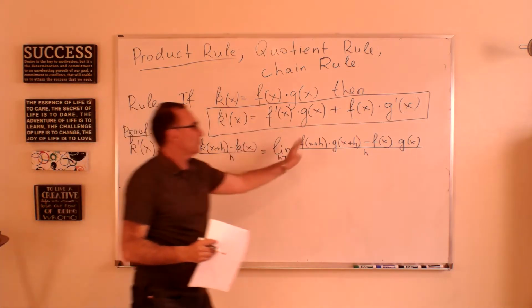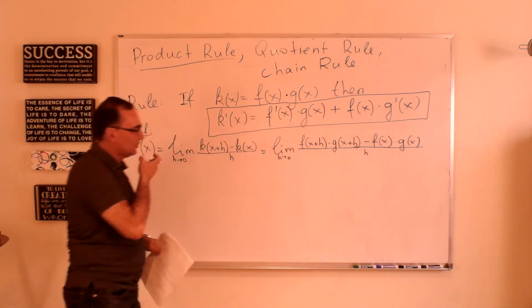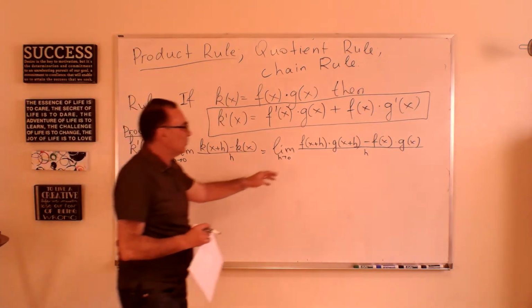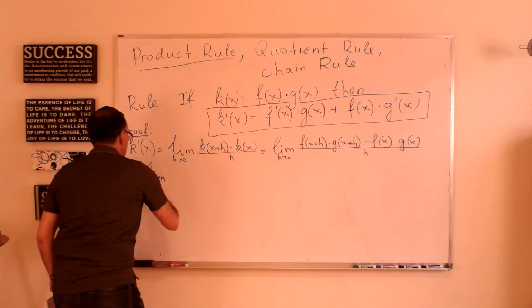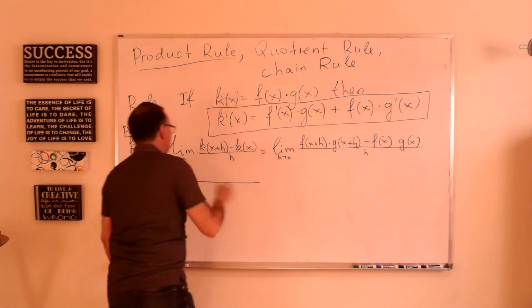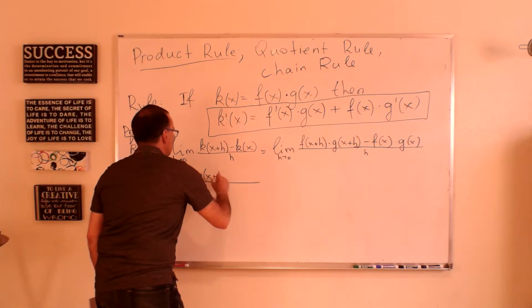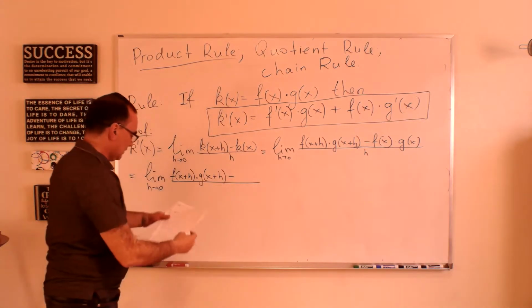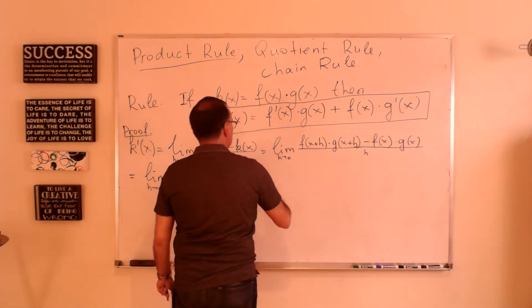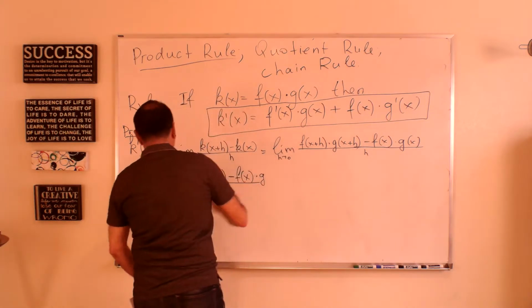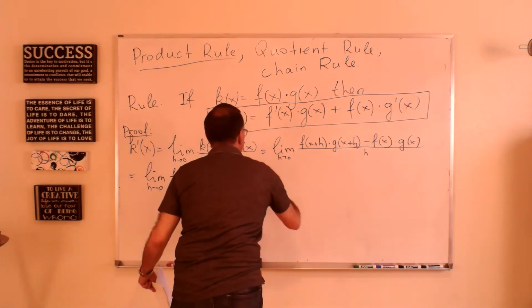And now we want to do some algebraic manipulations to end up with this long formula. So how can we do that? The idea is that we want to subtract and add the same thing in the numerator. And the thing that we subtract and add will be f of x plus h times g of x plus h minus, so what you want to subtract is f of x times g of x plus h.